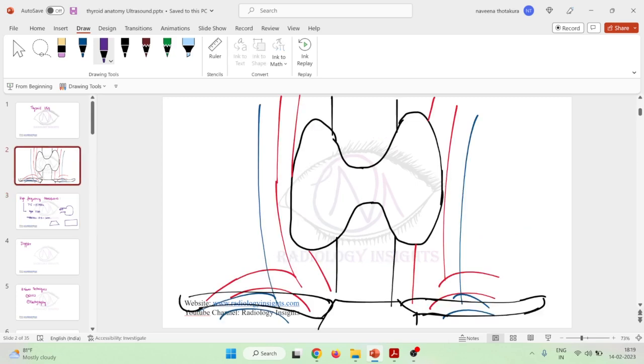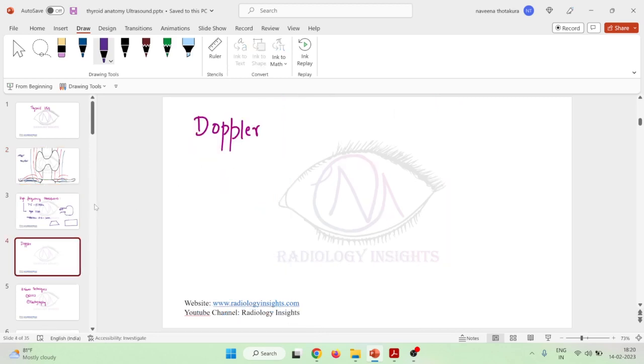Next, the thyroid gland is supplied by the superior thyroid artery and inferior thyroid artery. So we can say that the thyroid gland is the most vascular organ of the body. Because it is the most vascular organ of the body, Doppler examination is also very useful in assessing disorders of the thyroid.